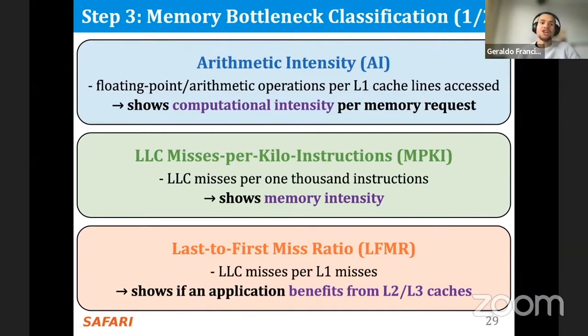The application does not benefit much from the deep cache hierarchy, and most L1 misses need to be served by main memory. In contrast, if the application has an LFMR value close to 0, it means that very few L1 misses generated last-level cache misses, and then the application is benefiting from the L2 and L3 caches.